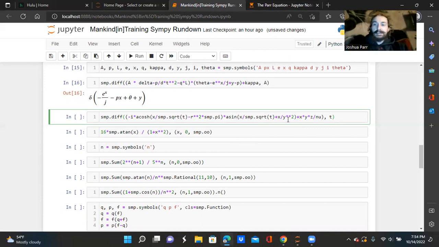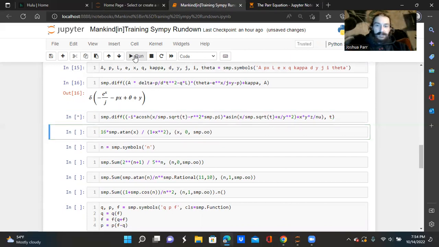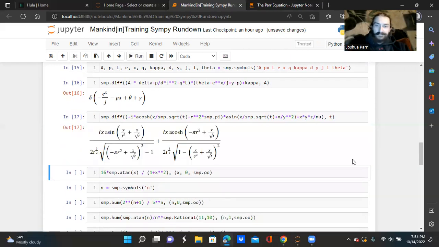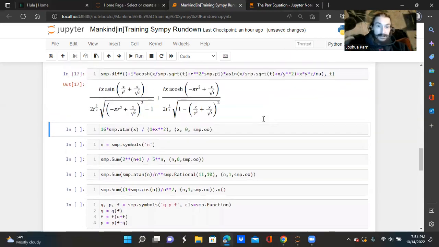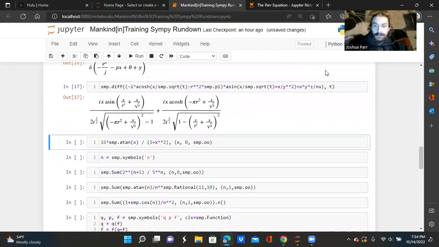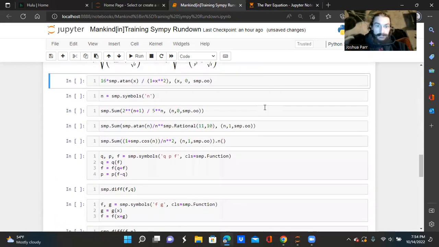This is a crazy function. Bam. That is mind-blowing. This is not easy to do at all by hand. If you can do it by hand, even I wouldn't opt to try that.